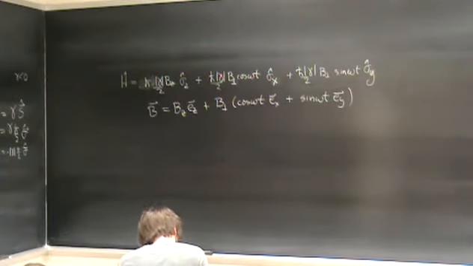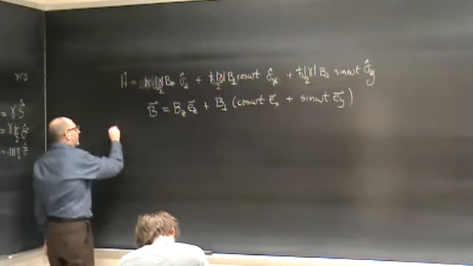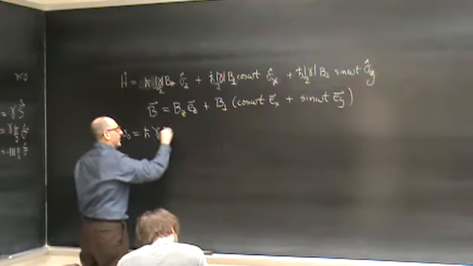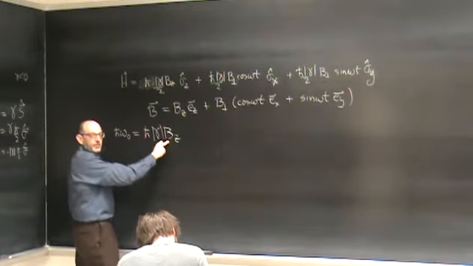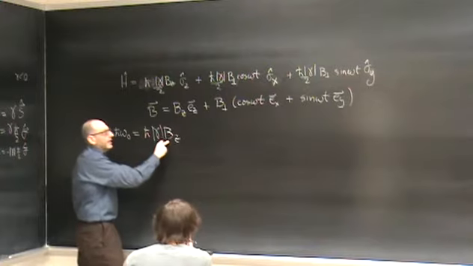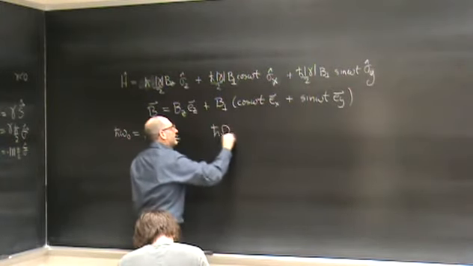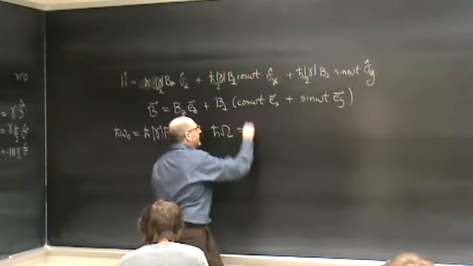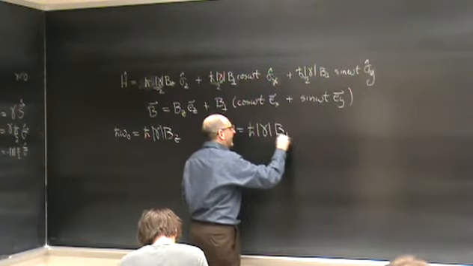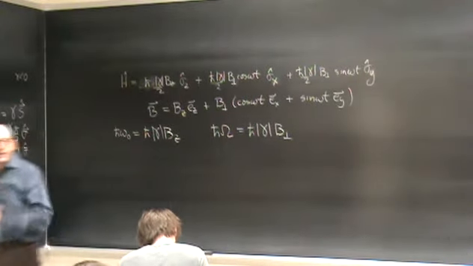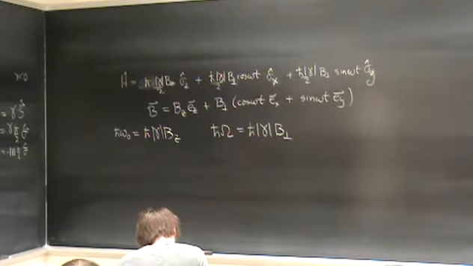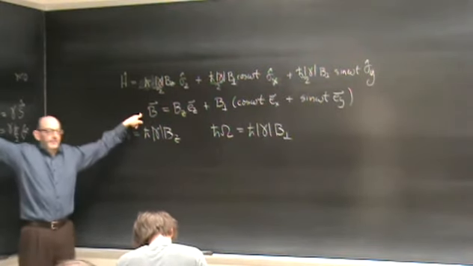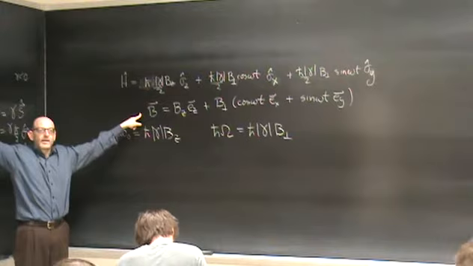So if I assume that, then my h bar omega naught is equal to the Larmor frequency associated with the z component. And my energy associated with the absorption and emission is related to the amplitude of the transverse magnetic field. Right? Everyone see that? So this problem, a spin in this magnetic field, is isomorphic to this problem. They're one and the same.